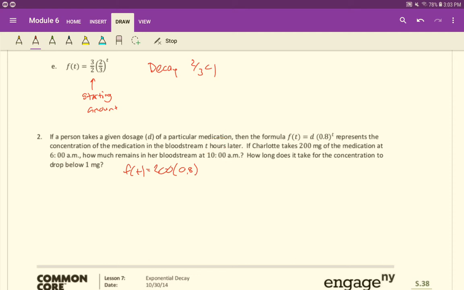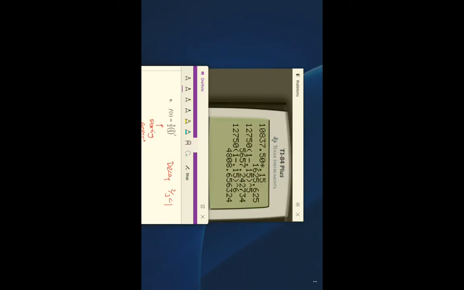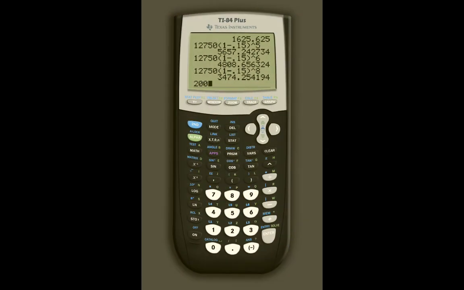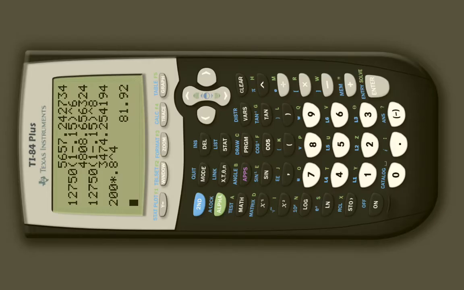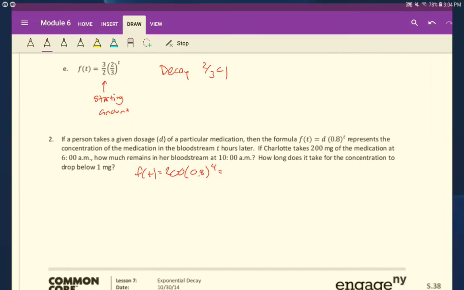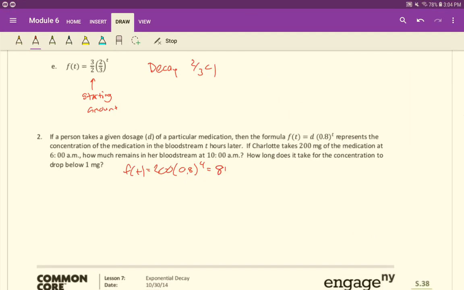Remember, t is in hours. How many hours away is 10 from 6? That's 4, so we'll just do it to the 4th. We type that into our calculator: 200 times 0.8 to the 4. That's 81.92, and that would be in milligrams. Okay, so that answers the first question.